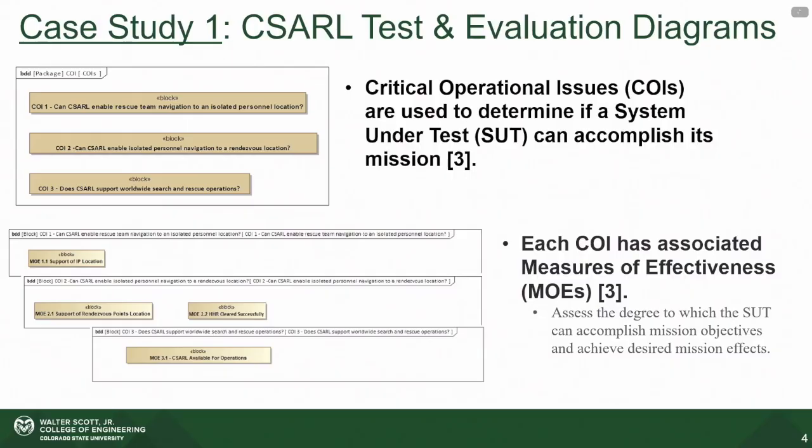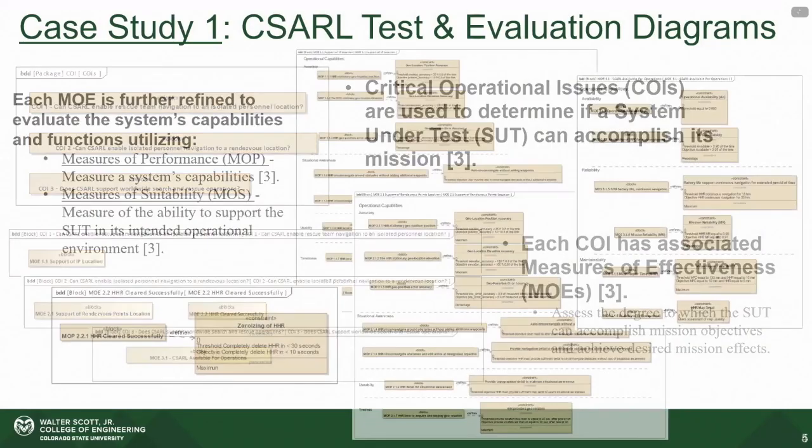Once defined, these COIs are further decomposed into measures of effectiveness, which provide a more detailed assessment of the SUT's capability to achieve its mission objectives and deliver the desired outcomes. This hierarchical breakdown ensures that the test planning process remains focused, traceable, and mission relevant.